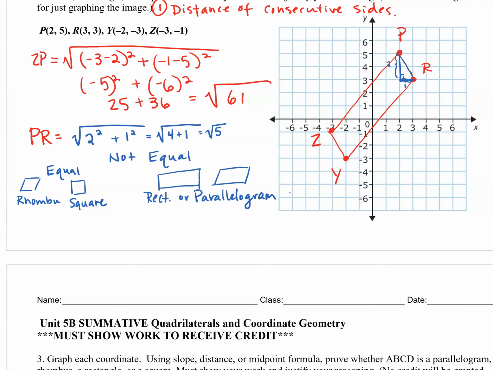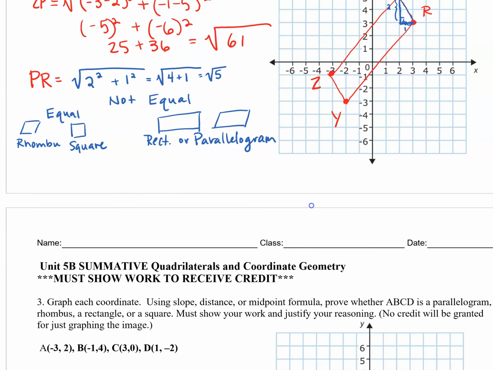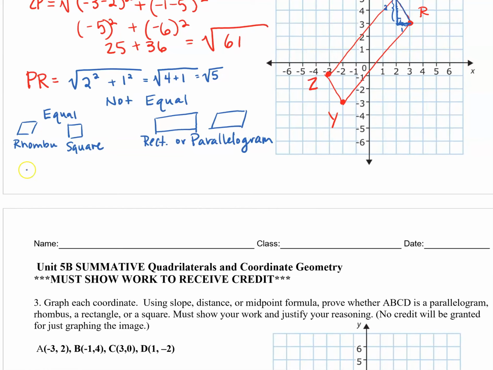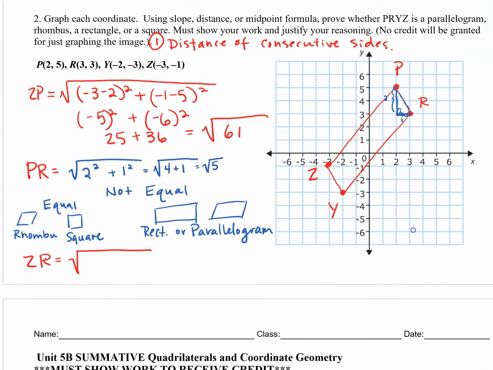I need to check the distance of the diagonals now. So I'm doing from Z to R. Okay, well, let's just count it out. From Z to R, I've got to get from here to there, so let me sketch out that route. I'm going to go up 1, 2, 3, 4.